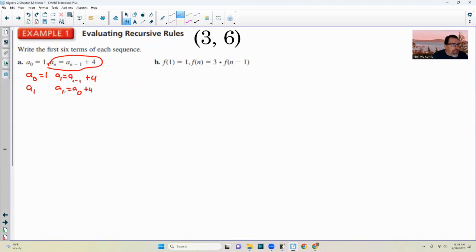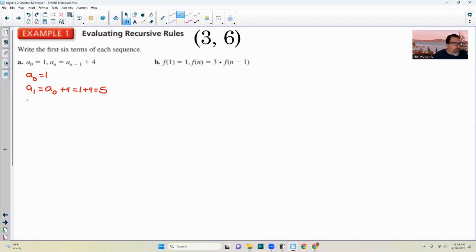So all we're doing is taking a sub 0 plus 4. I just wanted to show that. Okay, so a sub 1 equals a sub 0 plus 4, which equals, well, a sub 0 is 1 plus 4, so a sub 1 equals 5.